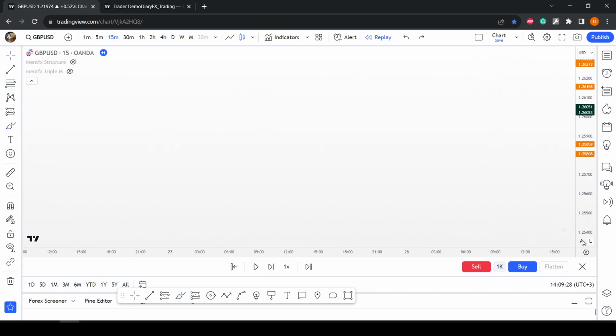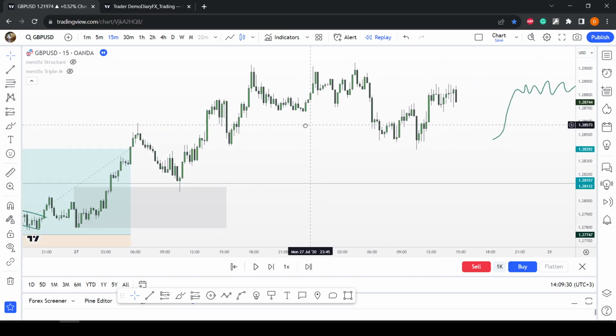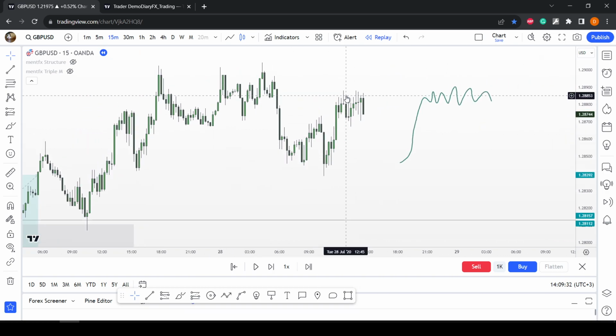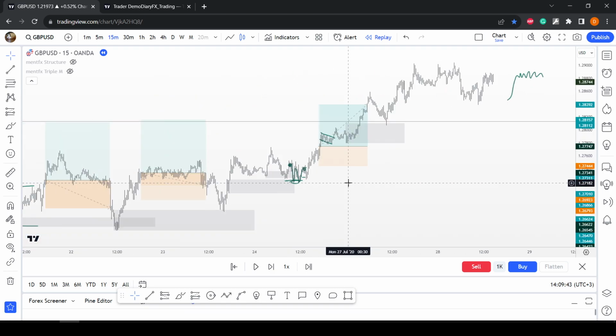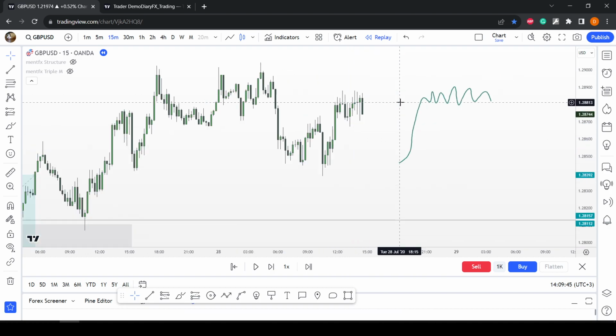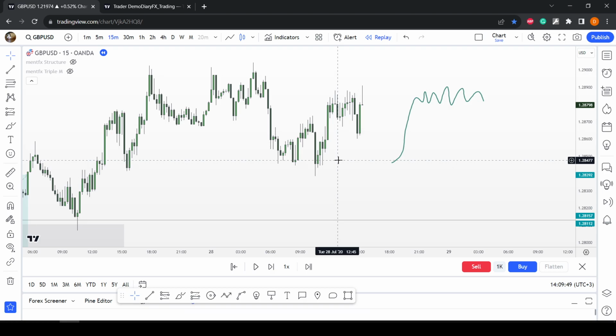And probably the wider this correction is, the fewer chances it has to work out, in my opinion, because it just does not hold the structure so well. But it starts to break it up.